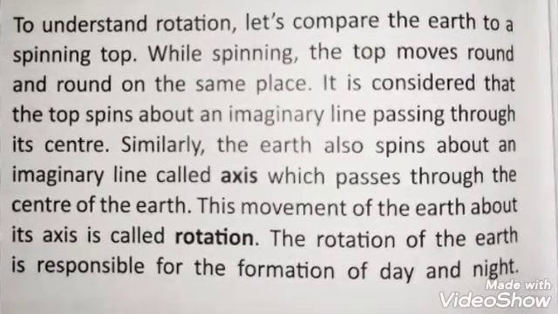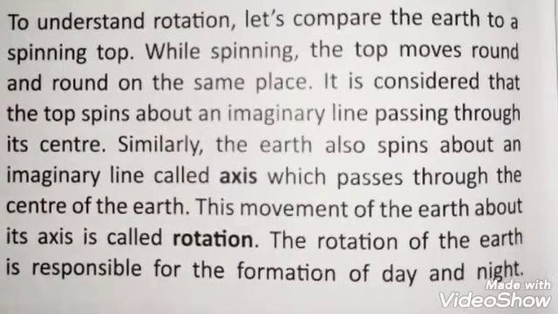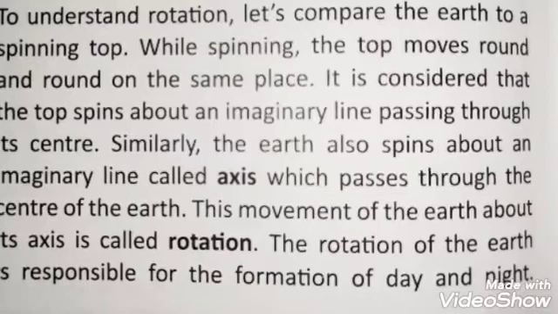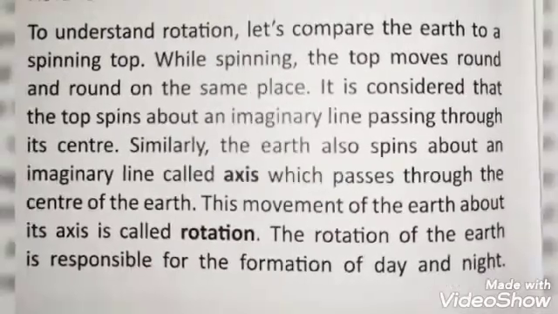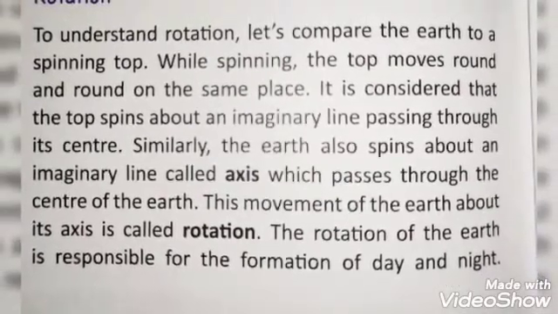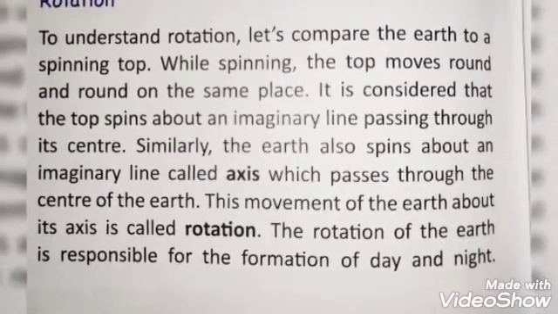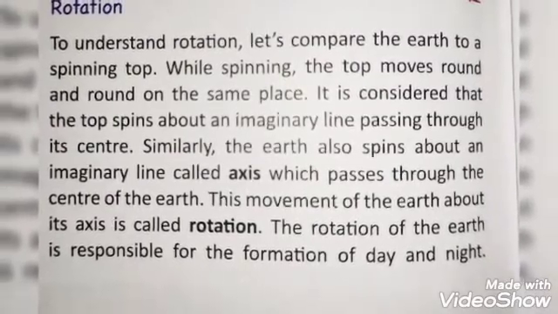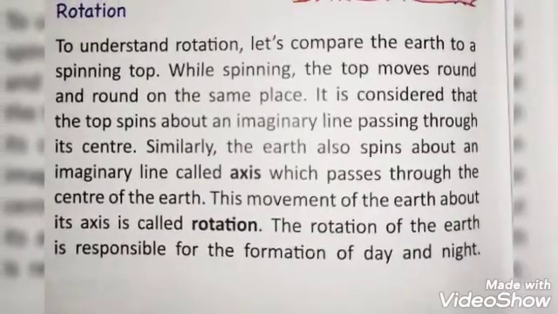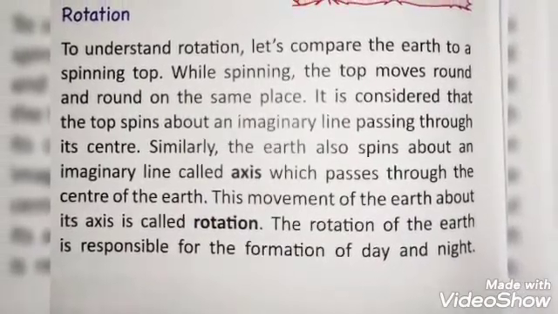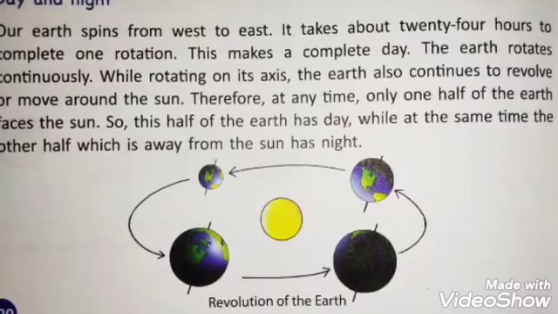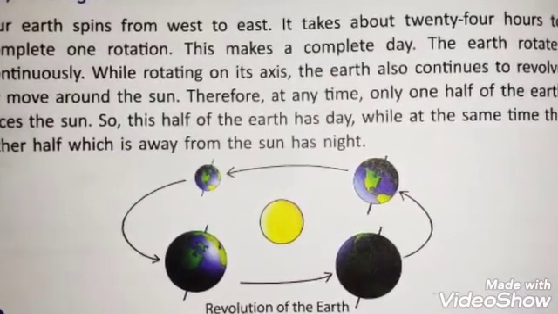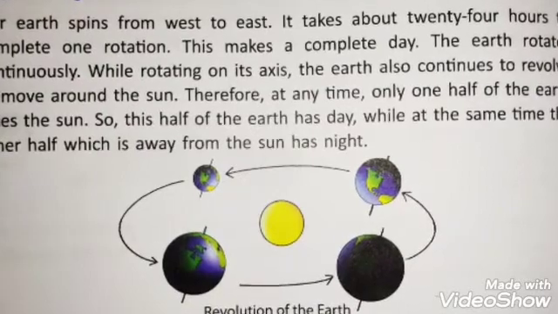Similarly, earth also moves in its own place round and round like a spinning top, and because of this rotation, day and night formation occurs. So revolution occurs on Earth's orbit and rotation occurs on Earth's axis.